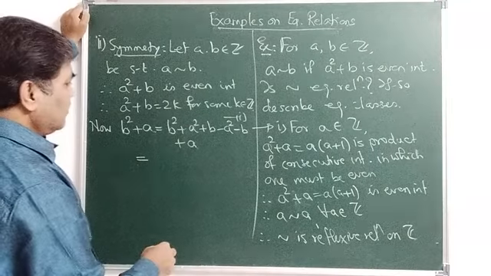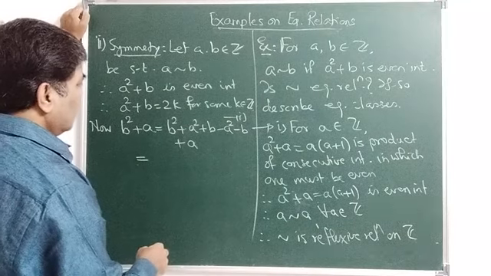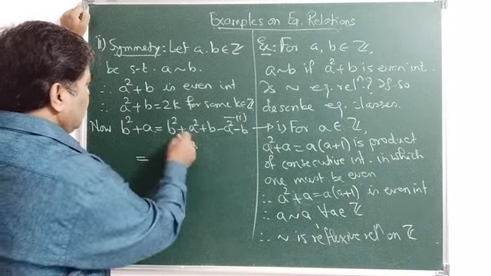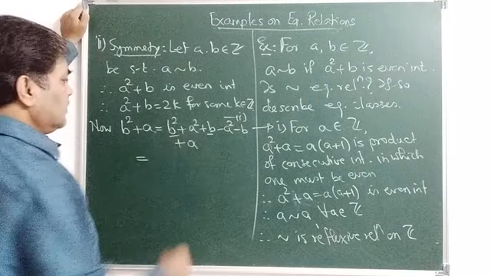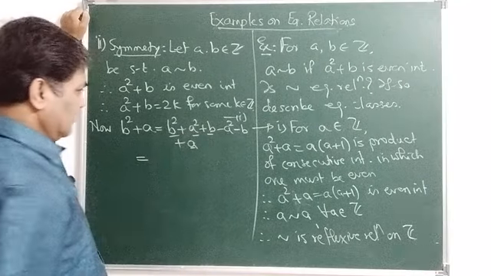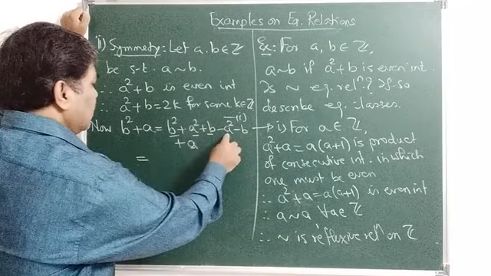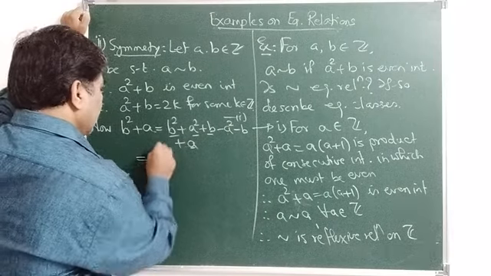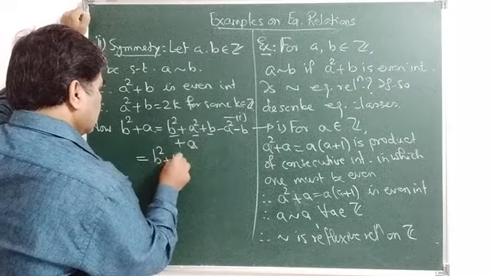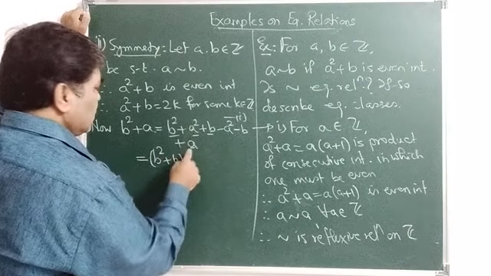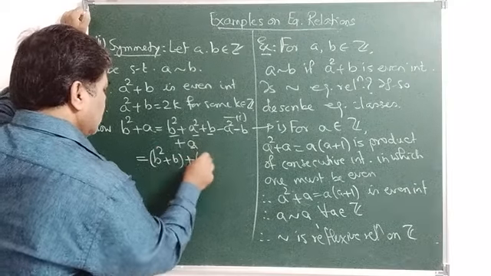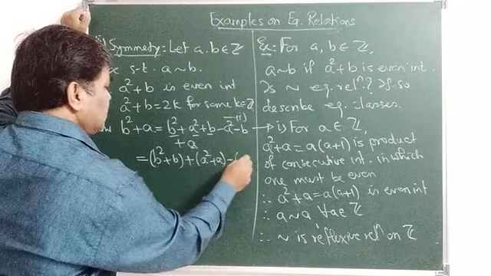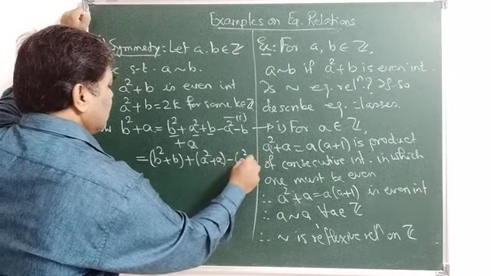If you see here, b square plus b, a square plus a, and minus a square minus b. So I can write this as b square plus b plus a square plus a minus (a square plus b).